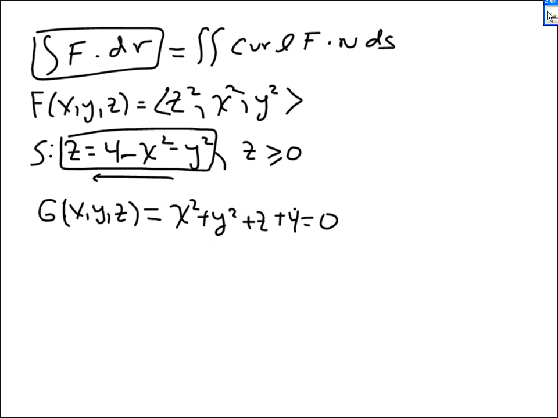But that won't even matter, because the gradient of g is 2x, 2y, and 1. But that's n. That's n.